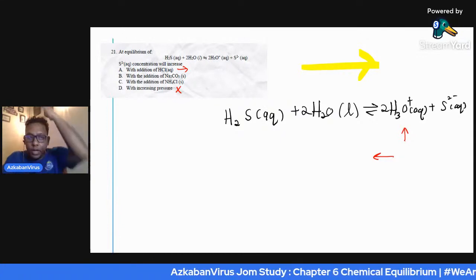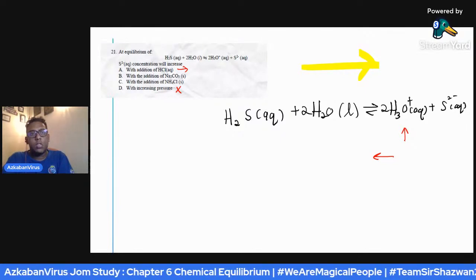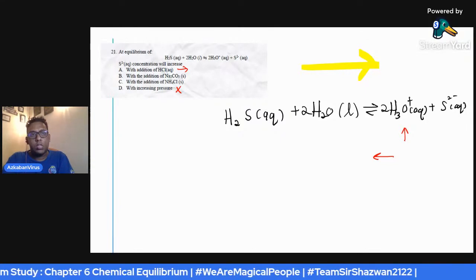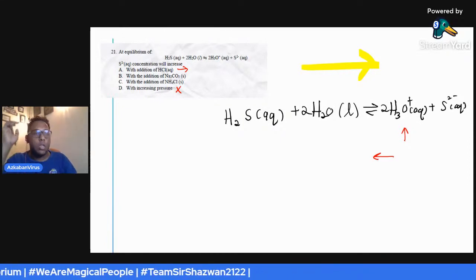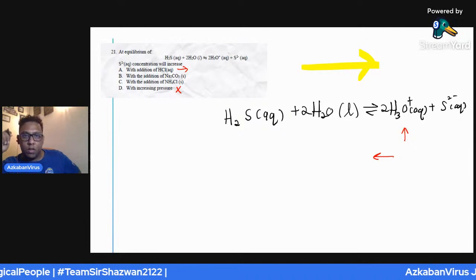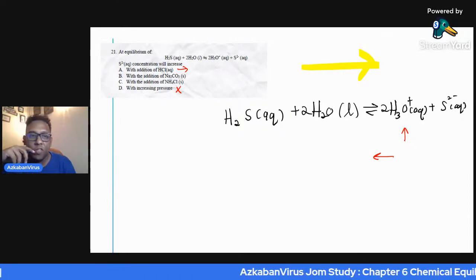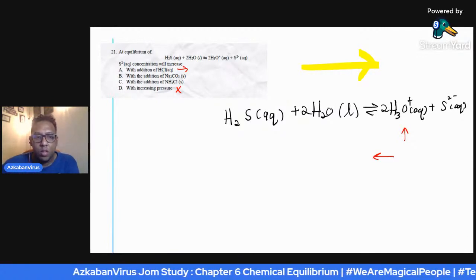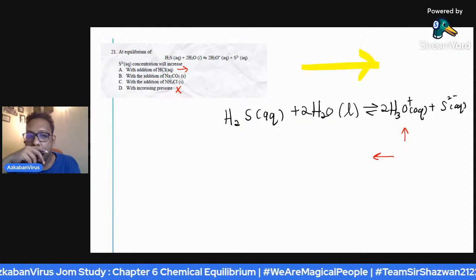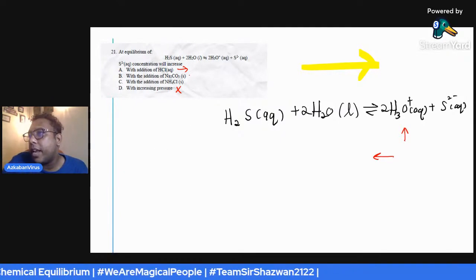So, sekarang ni kalau kata kita ambil sodium carbonate, dia akan react dengan asid kita.